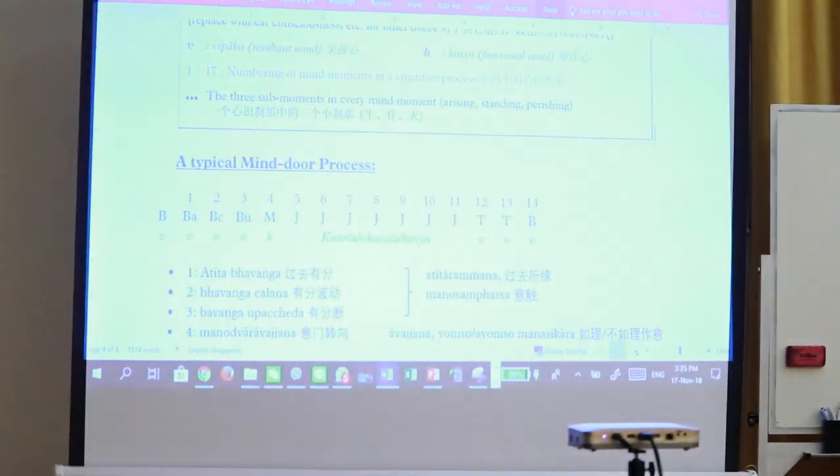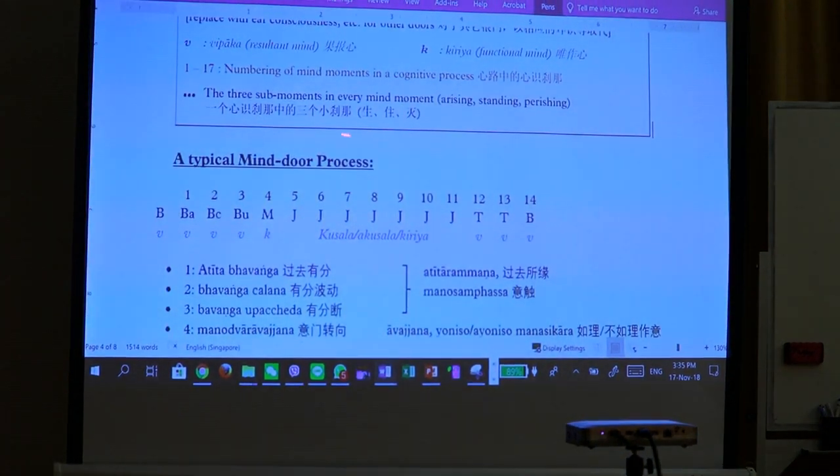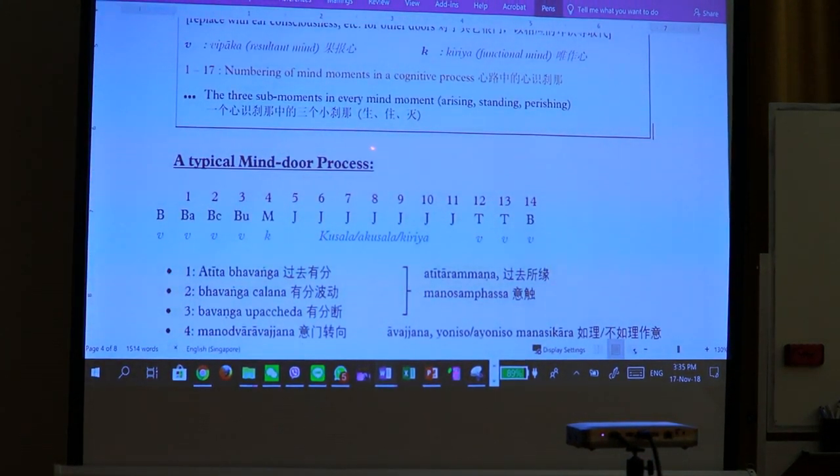Okay? Now we are going to talk about how many consciousnesses arise in the mind door process. Wholesome, unwholesome, functional. But they have a different explanation, because this is for the sense sphere, for the ordinary, for us for example. Now the mind door adverting is only one consciousness.